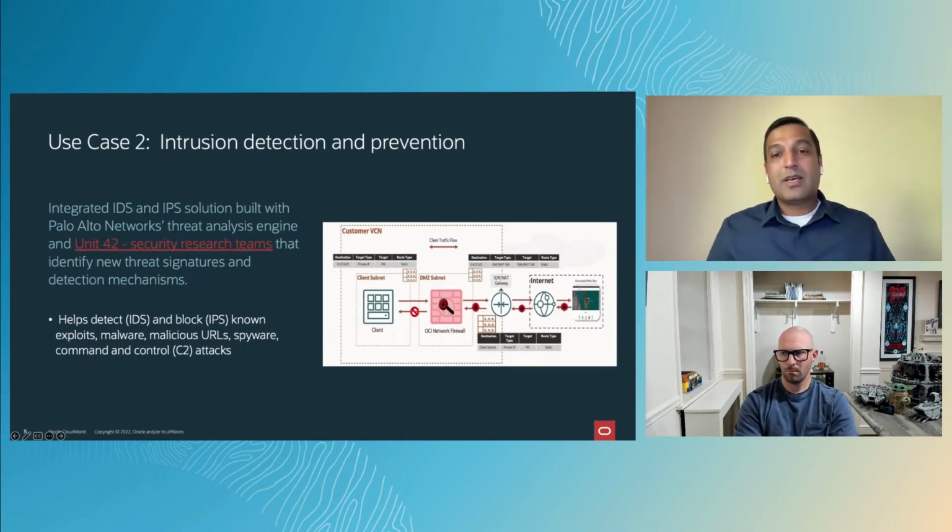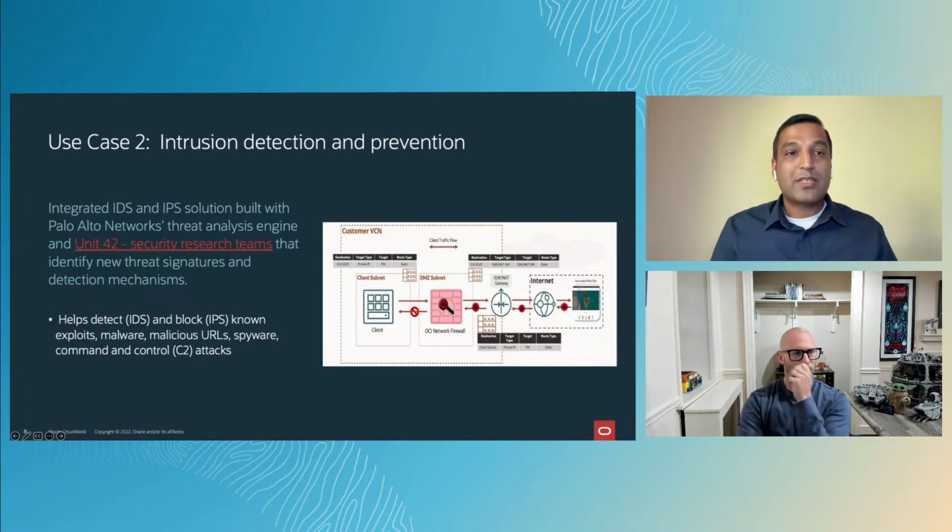As we discussed earlier, the firewall instance has an inbuilt intrusion detection and intrusion prevention engine that is powered by Palo Alto's advanced threat prevention capabilities and also backed by their world-class Unit 42 research team. This signature-based threat analysis engine helps you detect and block known exploits, malicious URLs, spyware, and command and control type attacks.